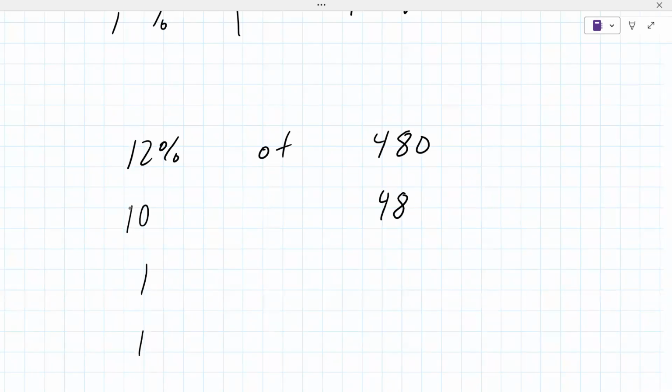Were you having any difficulties with this one? I'm trying to find the 1%. So that's where I wasn't sure if you were comfortable. You're just moving the decimal each time. Okay, so it's a little strange. Yeah, this one doesn't work out perfect. It's not a terrible answer.